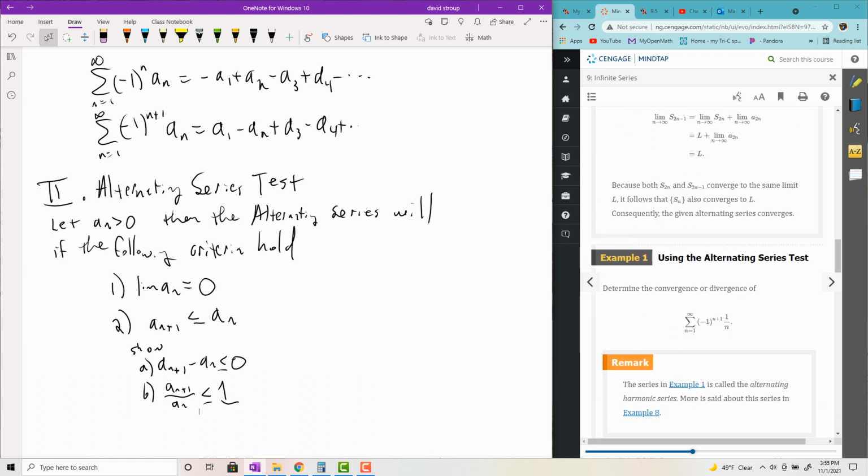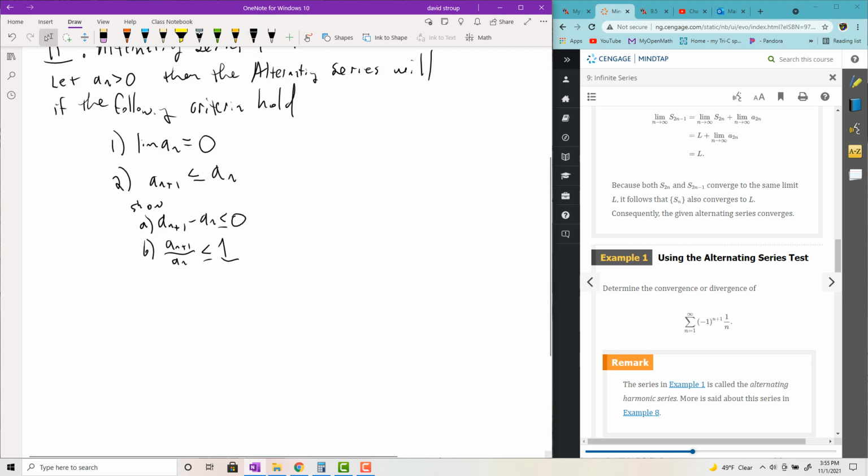The proof of it is a lot to stomach. In order to do the proof, you first need to acknowledge a helper fact, or sometimes they call that a lemma in math circles.